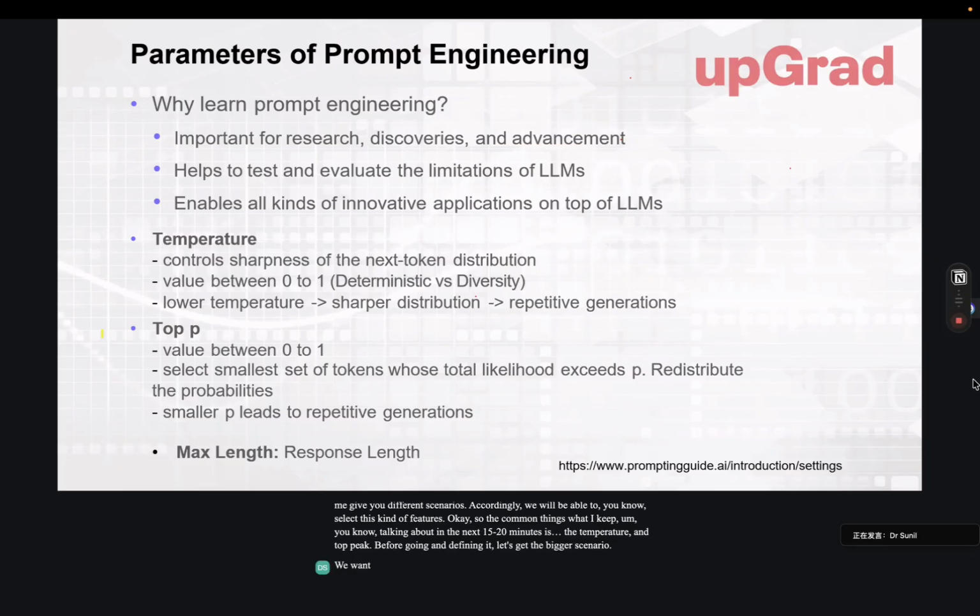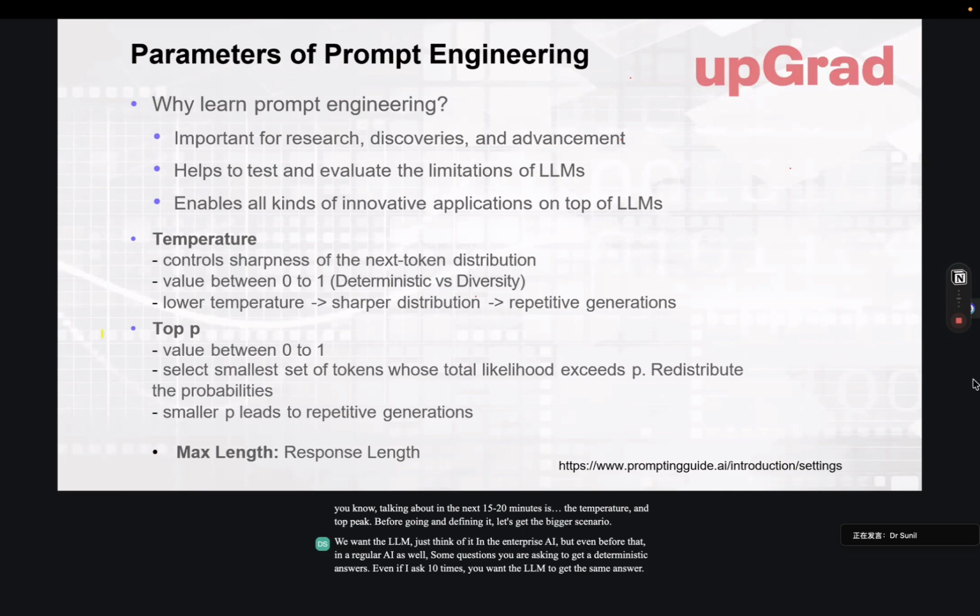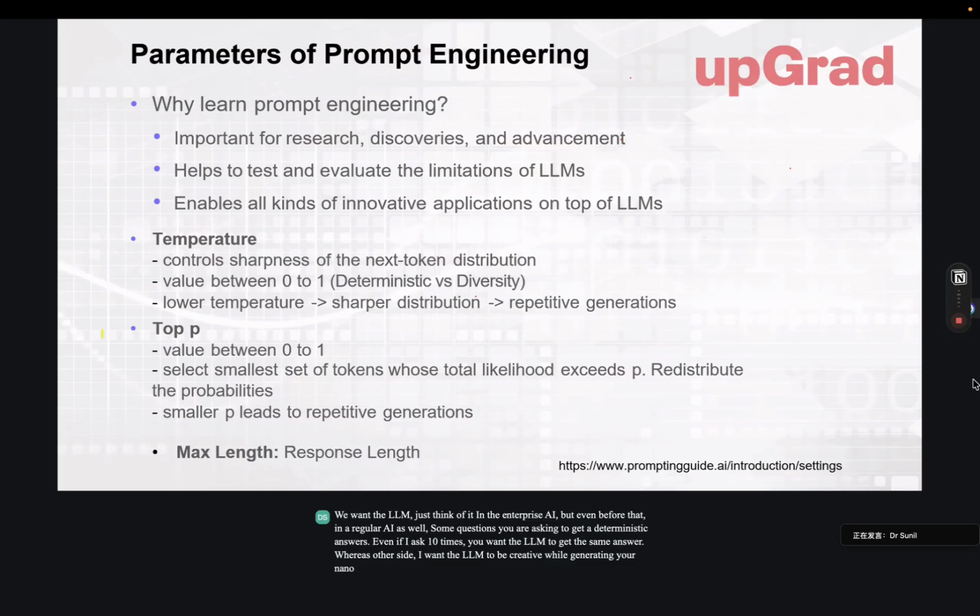Think of it in enterprise AI, but even in regular AI, some questions you ask to get deterministic answers. Even if I ask 10 times, you want the LLM to give the same answer. Whereas on the other side, I want the LLM to be creative, for example generating an image with nano banana, or a creative answer, a creative poem. So there are two extremes.